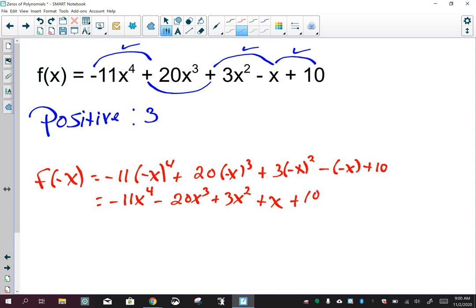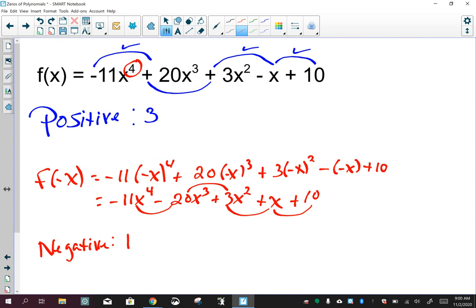And I'm going to count just like what I did here. I do not have a sign change. I do have a sign change. I do not have a sign change, and I do not have a sign change. So I only have 1. And if you take a look at this, it makes sense because the max number of zeros we can have is going to be 4.